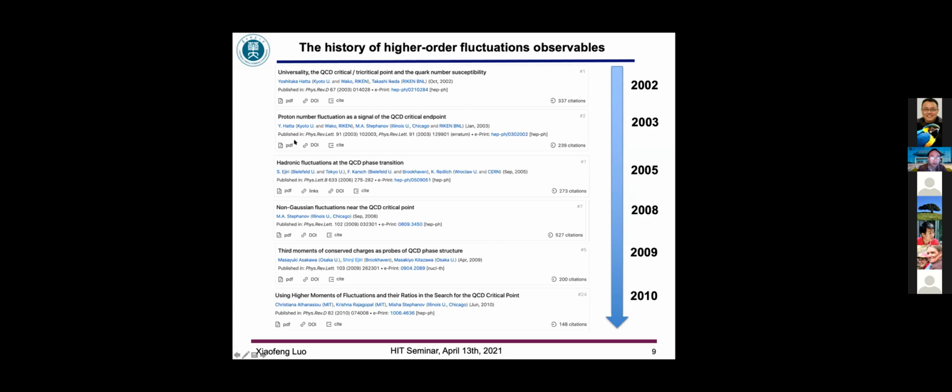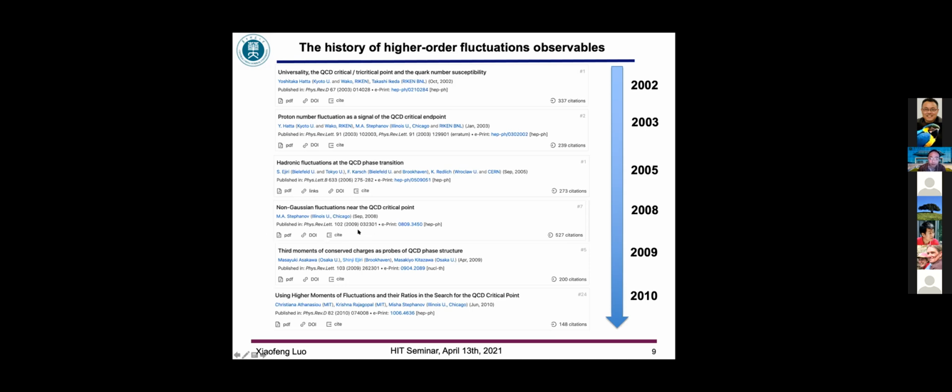Then later, Hatta and Misha had a collaboration about proton number fluctuation. Then Koch, Jeon, and their collaborators studied hadronic fluctuations as a QCD phase transition signal.